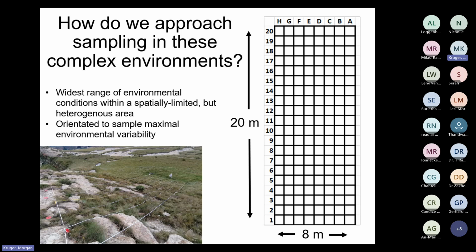The grid in the picture covered a range of soil depths, rock cover, and steepness, again, which affect the conditions for our plants to grow in. This sampling design, orientating the grids in this way to capture maximal heterogeneity, is a way to examine the influence of fine-scale heterogeneity without the effect of confounding factors like macroclimate or species pool.